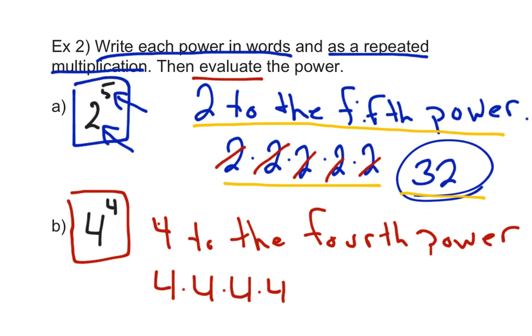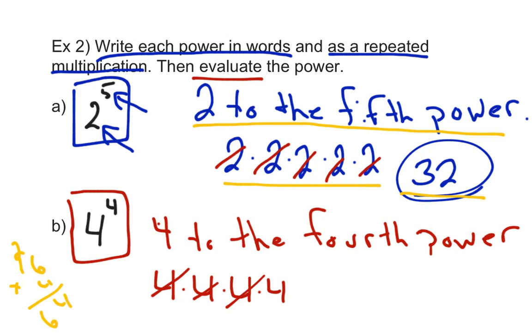And then finally they want us to evaluate here. Again, if we do this one step at a time, I get 4 times 4, which is 16. 16 times 4. I'll do this off to the side here. 16 times 4: 4 times 6 is 24. Carry the 2. 4 times 1 is 4, plus 2 is 6. I get 64.